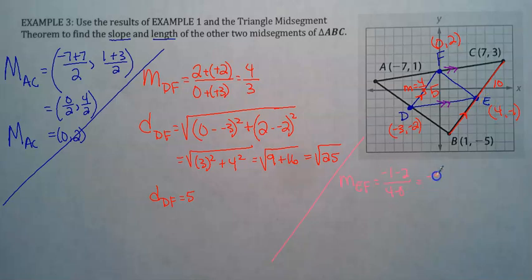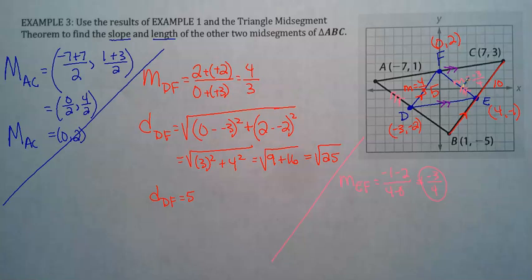Negative 1 minus 2 is negative 3. 4 minus 0 is 4. Negative 3/4 is this slope right here, which is the same slope as this line, which means they are parallel.